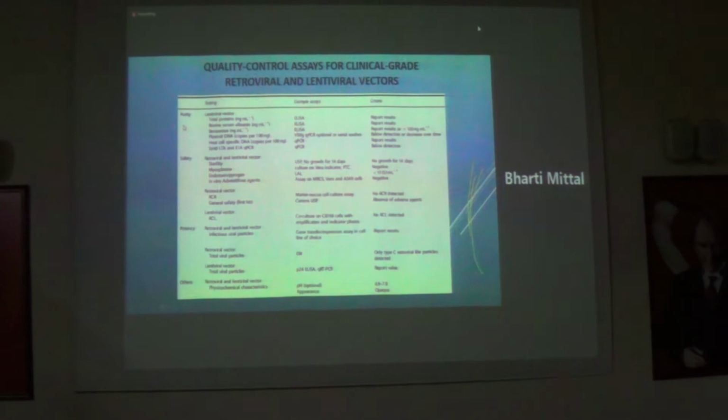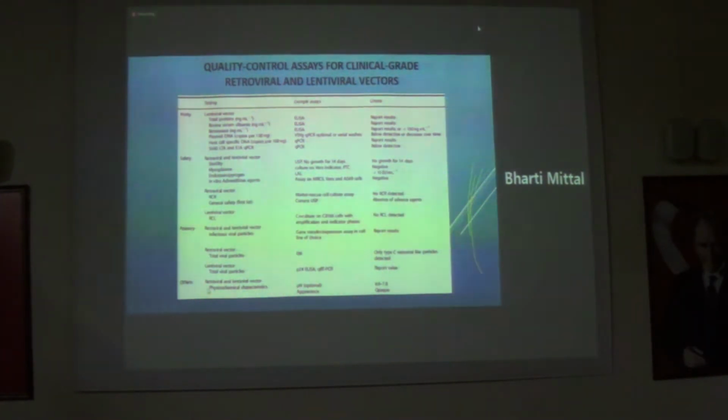There are a few steps: a purity check, the safety of these viral vectors, and the potency. If they are not potent and cannot modify the T cells, then we cannot use the vectors. These vectors should be active so that our T cells will be modified and ready to kill the tumors.